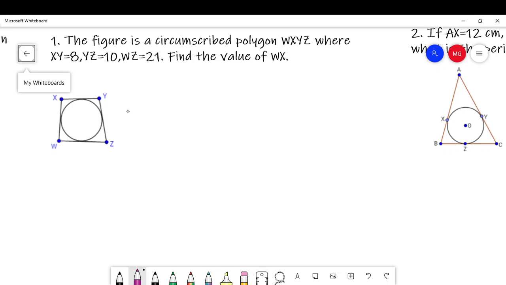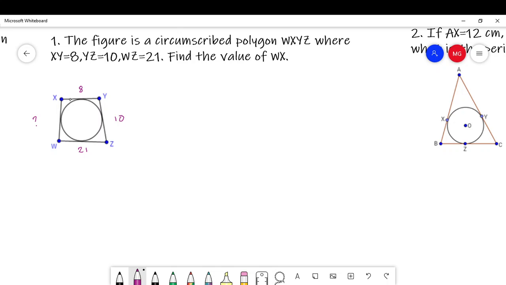In number 1, the figure is a circumscribed polygon WXYZ where XY is 8, YZ is 10, WZ is 21. We are going to determine the value of WX, the length of WX.